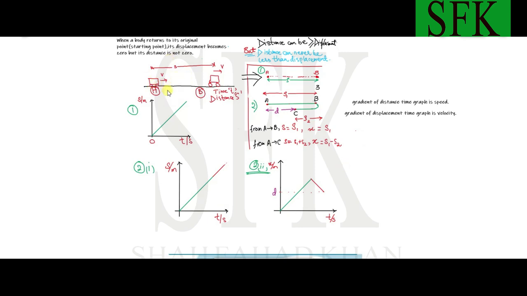Now let's look at these diagrams. If I have a trolley moving with a constant speed v, and after some time t, in between the 2 points A and B, this trolley moves to the point B. The distance that it covers till B is s.